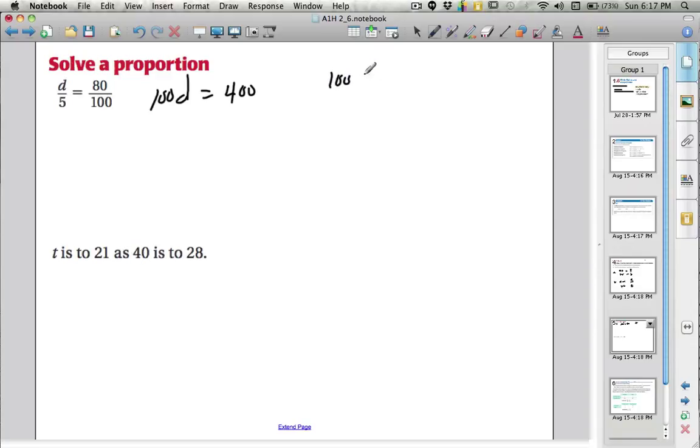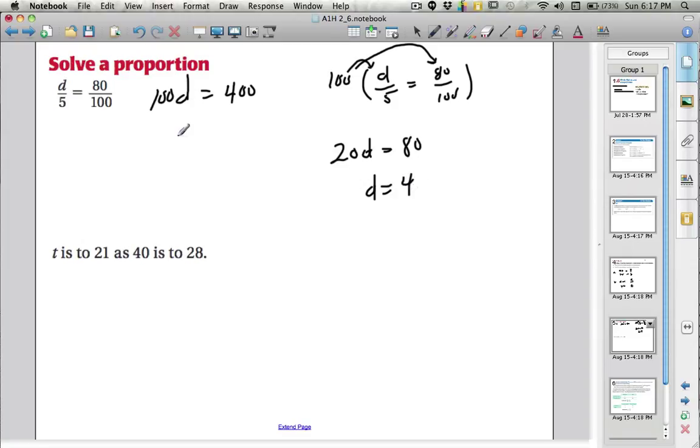If I multiply both sides of my equation, what's going to happen here is when I multiply, I multiply the 100 times d over 5. 5 goes into 100 and leaves 20, so it's 20 times d. I'll get 20d. And then the 100 will cancel with the 100 when I multiply it over here, and it'll be equal to 80, and d is equal to 4. And over here, I'll divide by 100, and d is equal to 4.